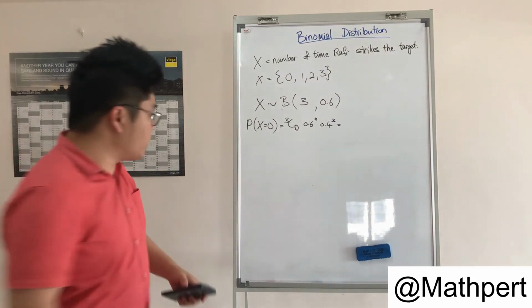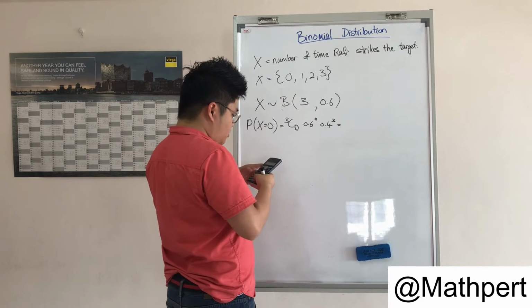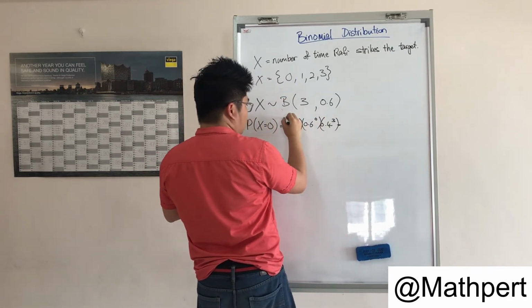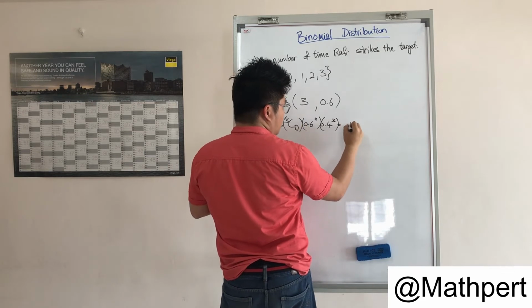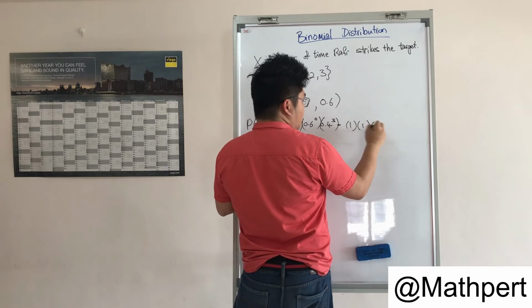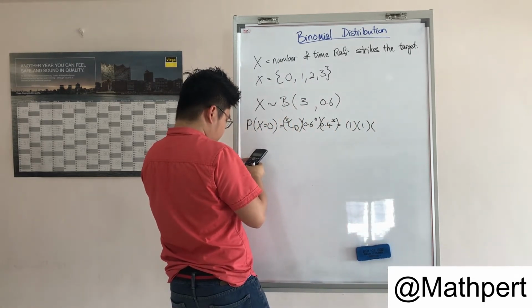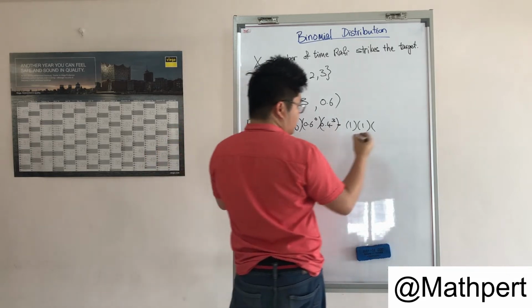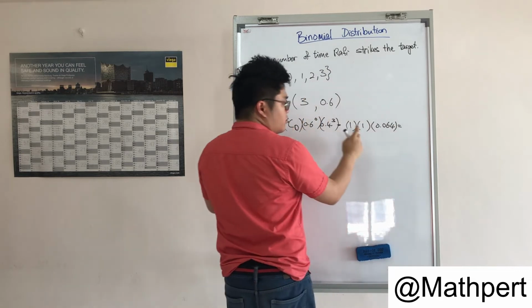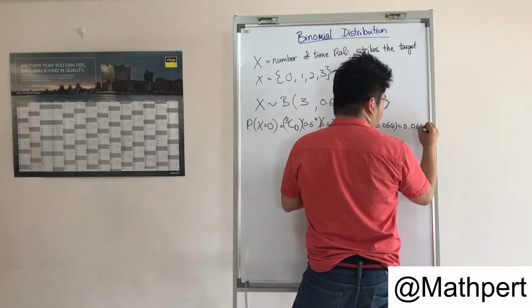Let's use the calculator. 3C0, we get 1. 0.6 power 0, 1. 0.4 power 3, we get 0.064. 1 multiplied by 0.064 is 0.064.